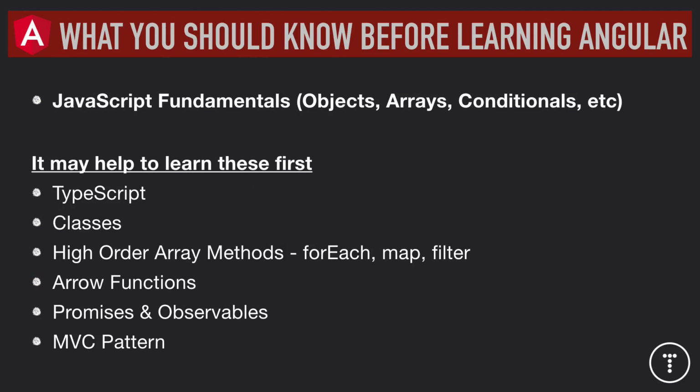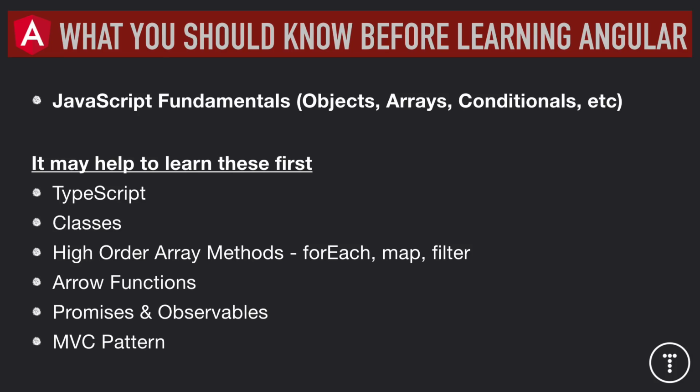All right, so what should you learn before learning Angular? As with many frameworks, you should first know the basics of JavaScript, including things like objects, functions, arrays, and all that good stuff. There are some other things that could help you if you learned them beforehand, but I'm not going to say that you have to learn these things before. Some of these I didn't. I learned them with Angular, such as TypeScript, which is a superset of JavaScript, and it includes things like static typing.